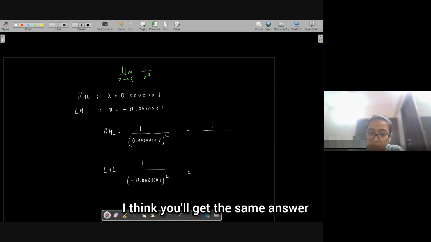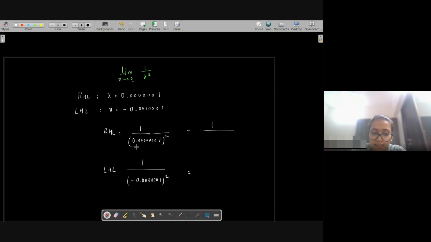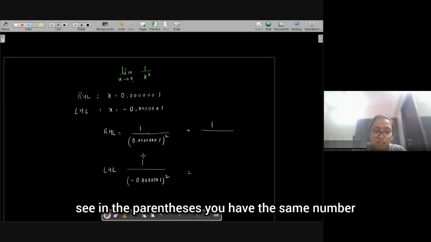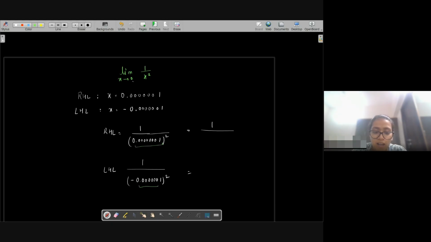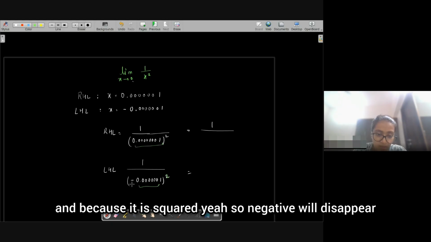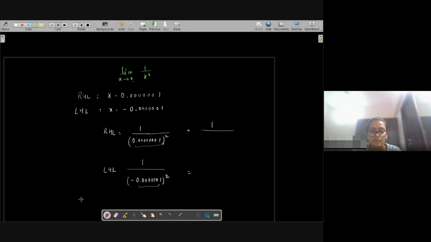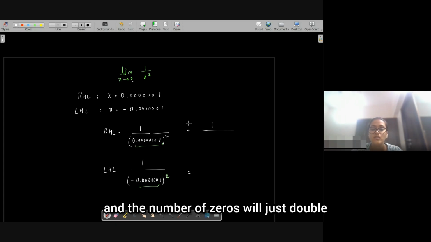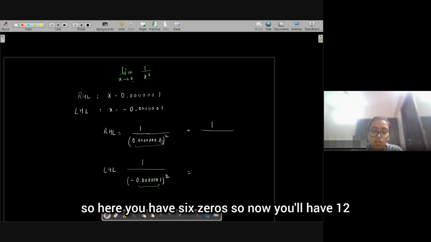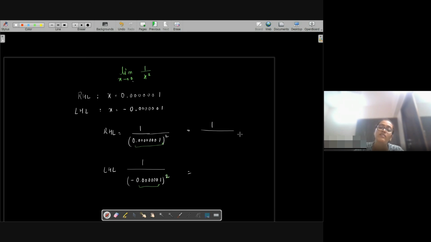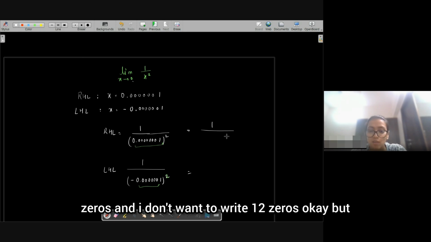I think you'll get the same answer because in the parentheses you have the same number, and because it is squared, the negative will disappear. And the number of zeros will just double. So here you have 6 zeros, so now you'll have 12 zeros, and I don't want to write 12 zeros.